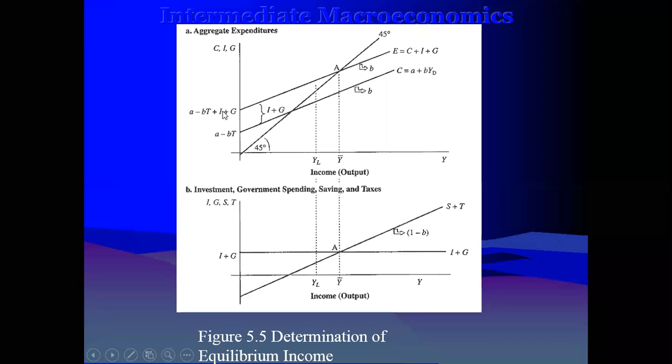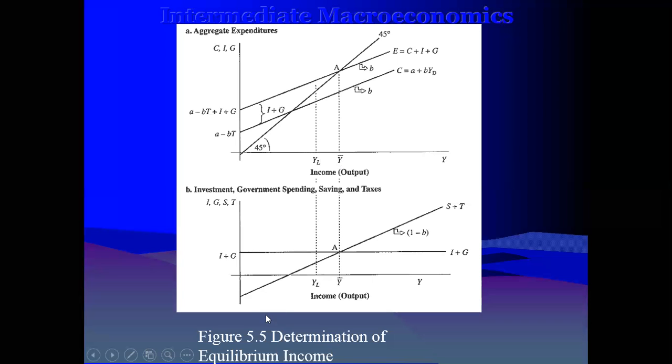That's when we add investment and the level of government expenditure. So where this E curve crosses the 45 degrees line, we get our equilibrium Y, the equilibrium output. This one is when we use Y is equal to E. So at point A, we have our equilibrium point with the level of equilibrium income being Y bar.